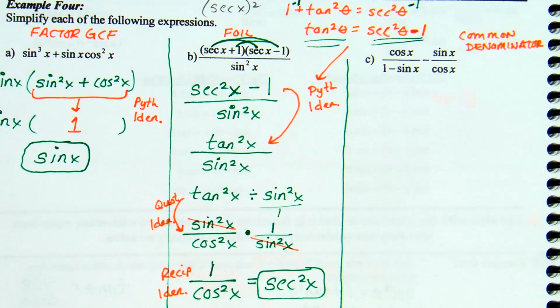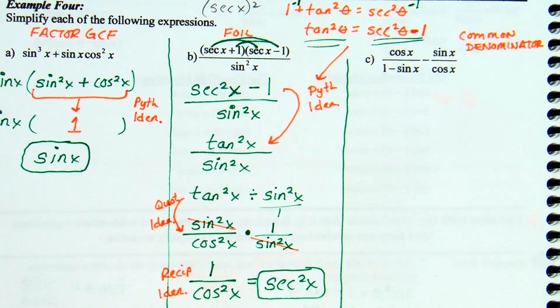What is the common denominator here? Isn't it just cosine x times 1 minus sine x? You just multiply what doesn't have the other one.